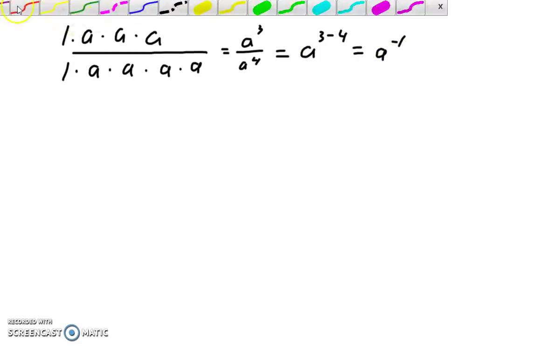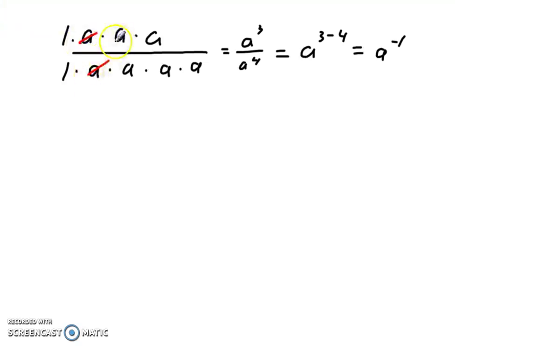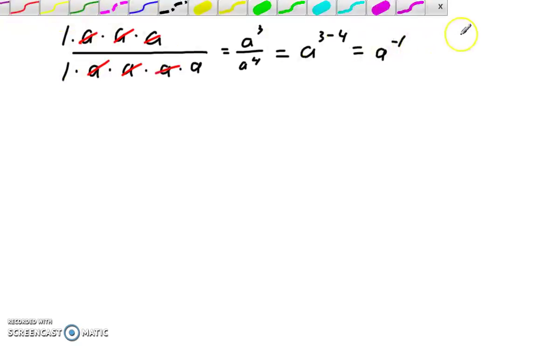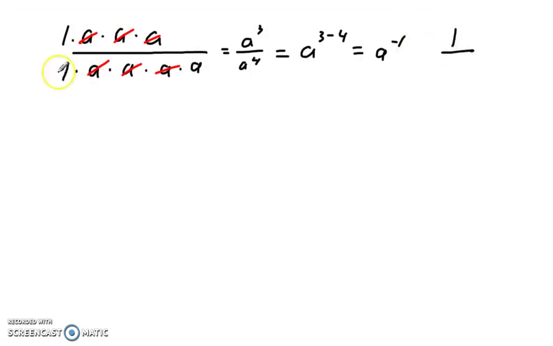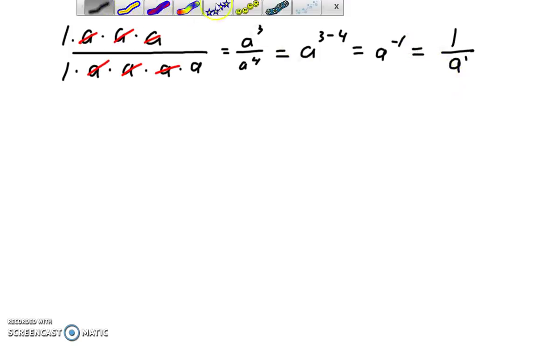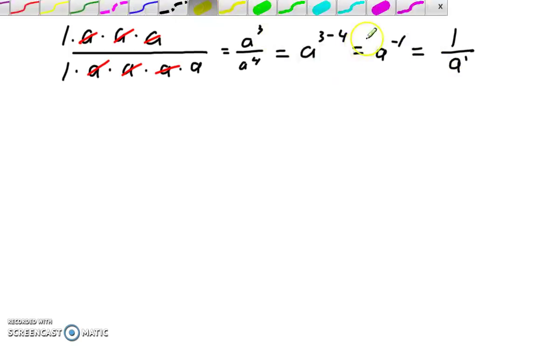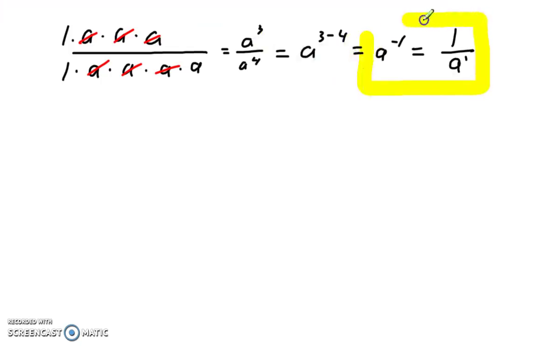But if I just cancel these out, if I write what I'm left with, I have 1 on top and 1a, or just a to the first power, on the bottom. These two are the same expression. Alright, make sure you highlight that.